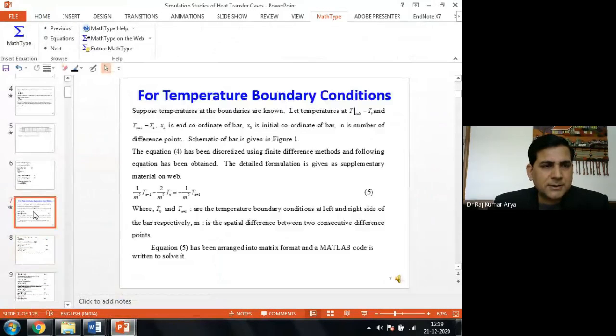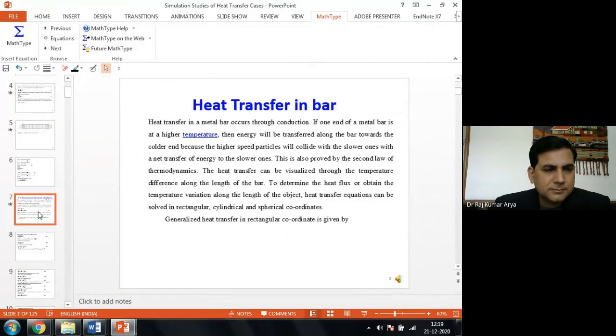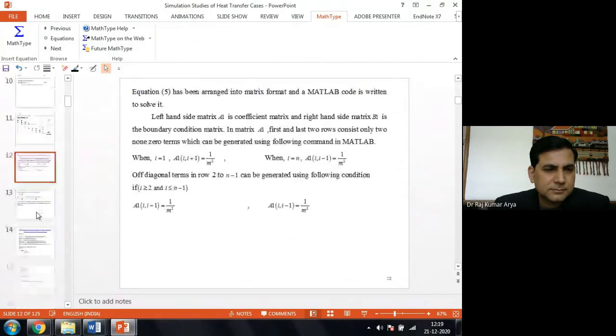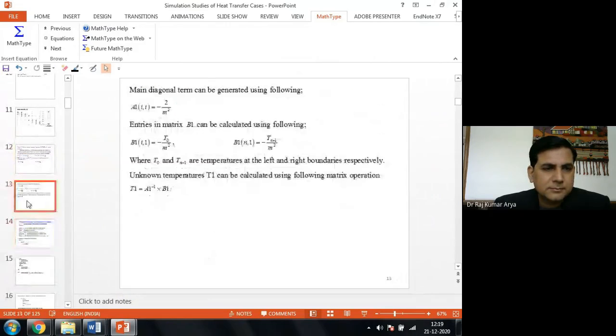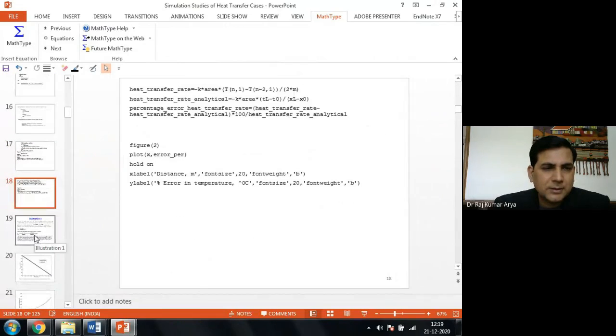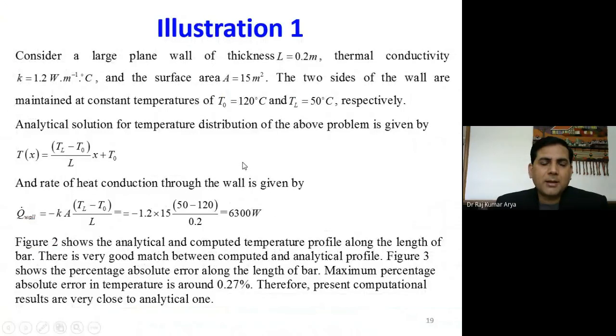This is the problem actually. You can note down the problem statement: consider a large plane wall of thickness L equal to 0.2 meter.